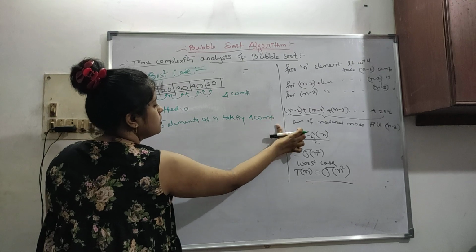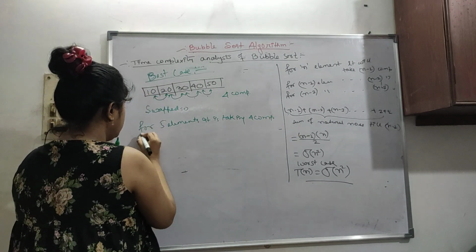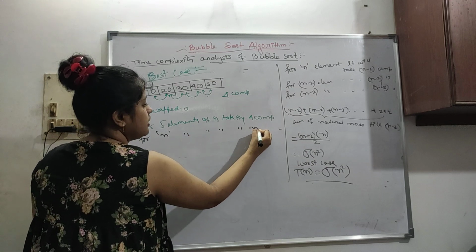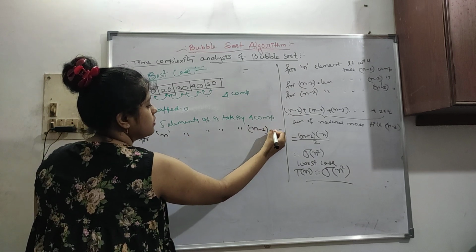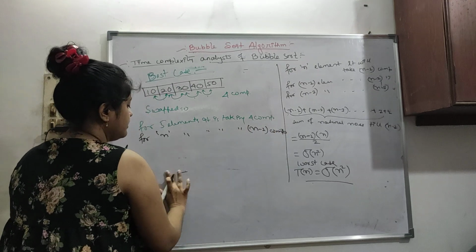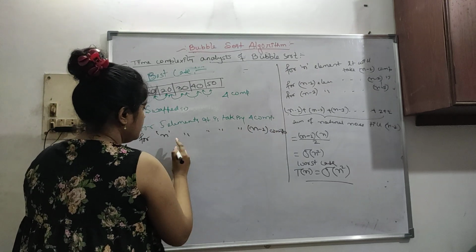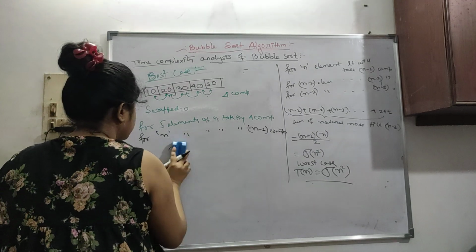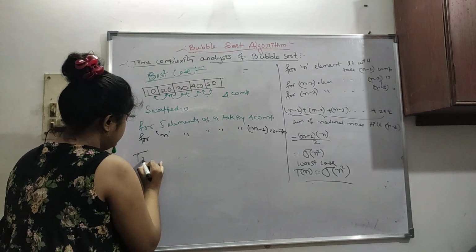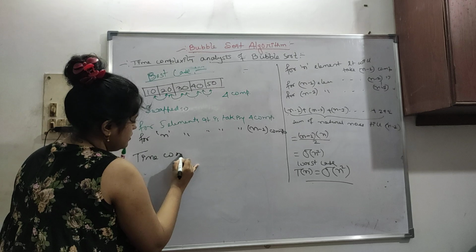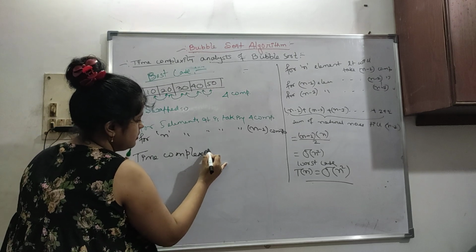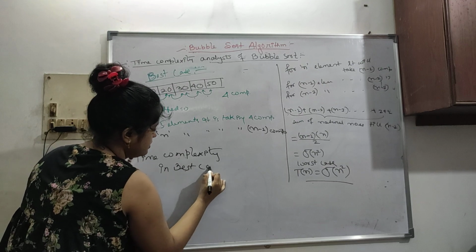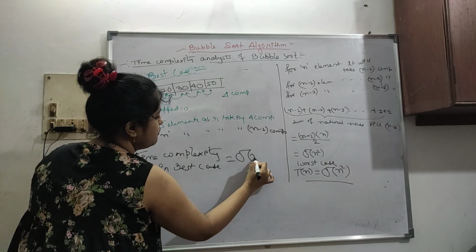Like that, for n elements, it is taking n minus 1 comparisons. So time complexity in the best case is order of n.